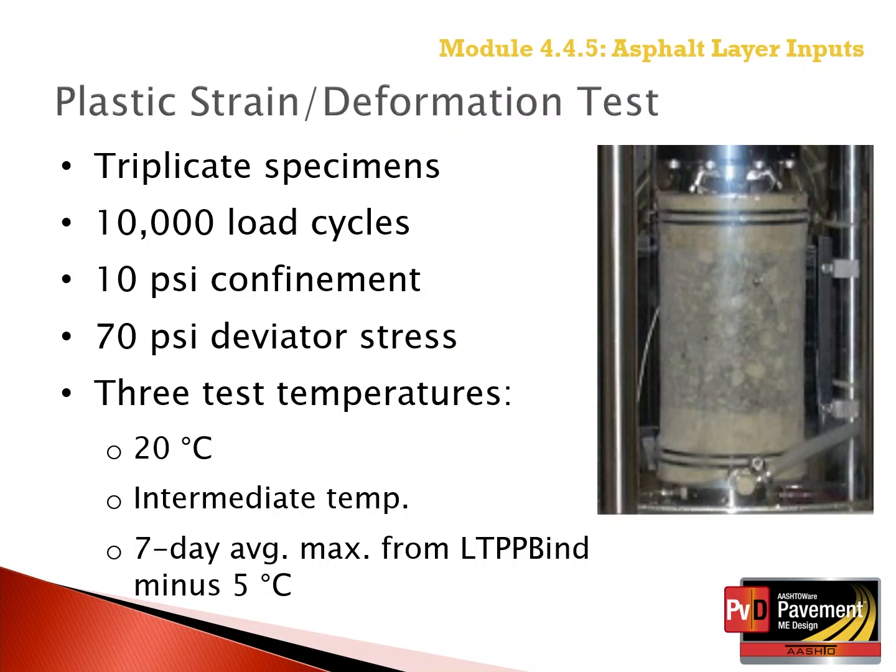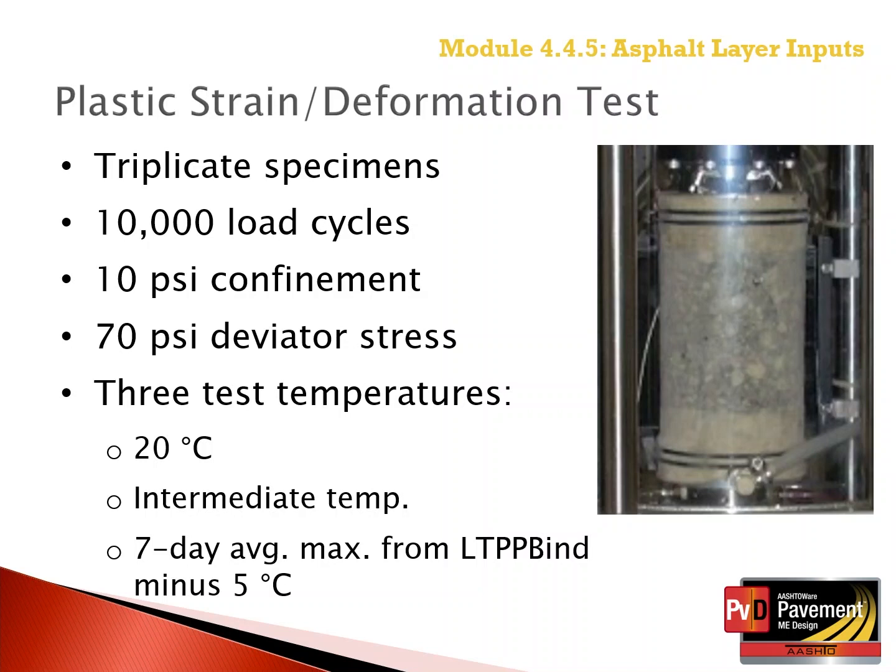One temperature is generally considered sufficient when used on a mixture design basis, while 3 test temperatures are suggested for determining the rut depth coefficients of the MEPDG rut depth transfer function.